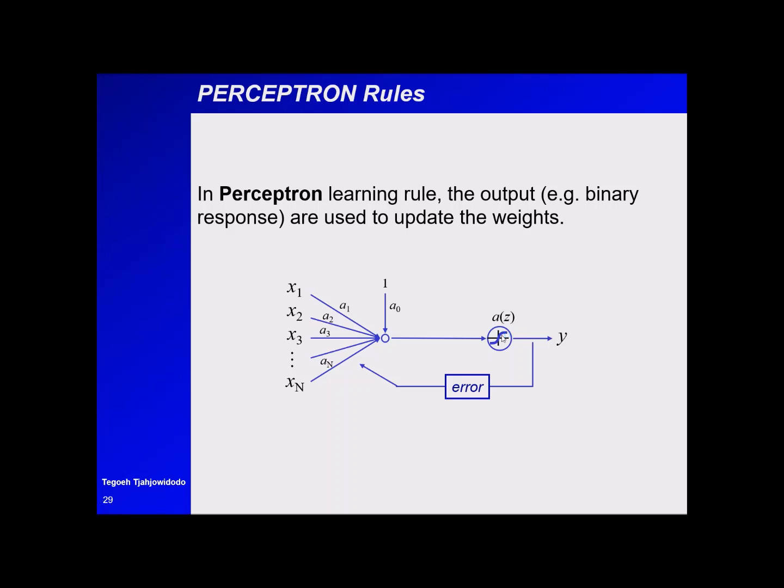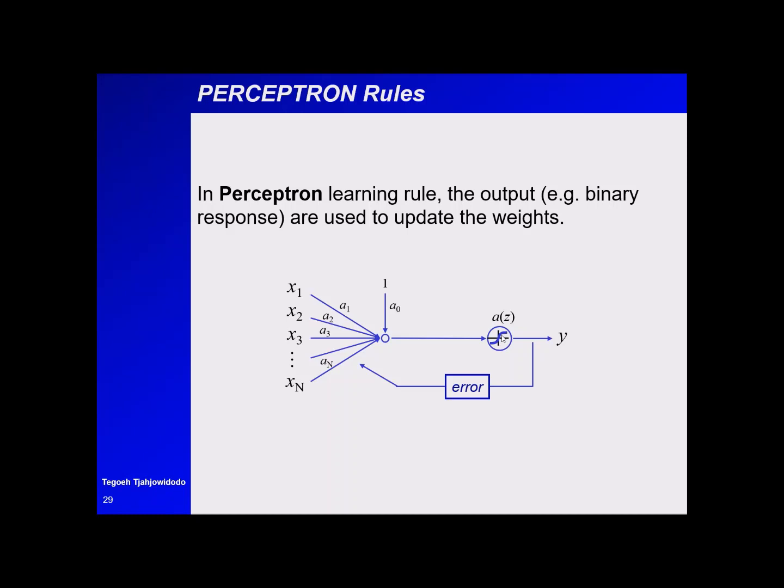So that's different. For both cases, the networks both have a nonlinear activation function. But in Adaline, the updating step of the weights uses the output before the nonlinear activation function.